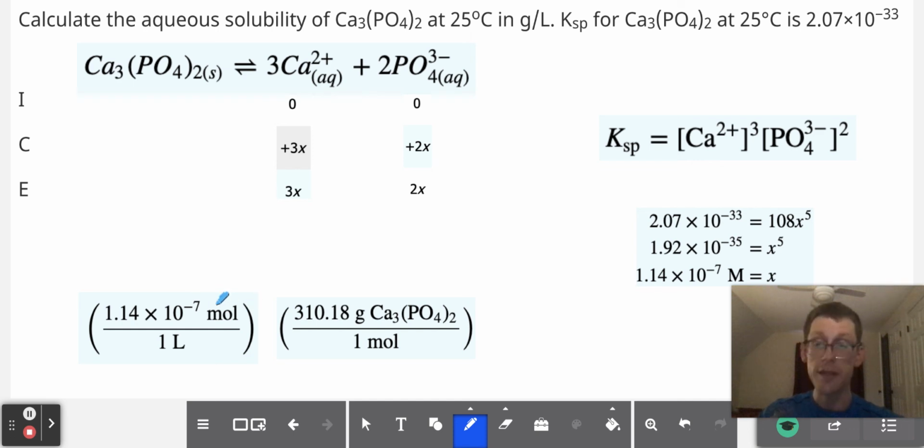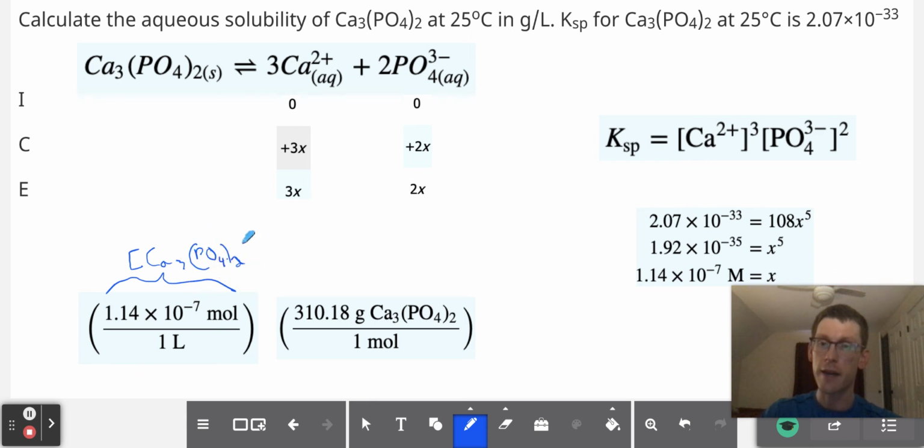And so what we can say is that if this is the concentration of Ca3(PO4)2 aqueous, sorry, that's a 2 there.